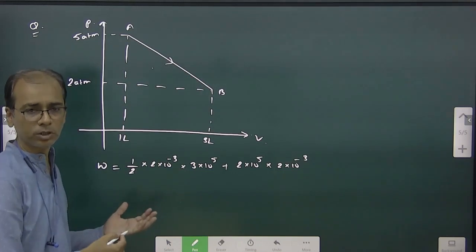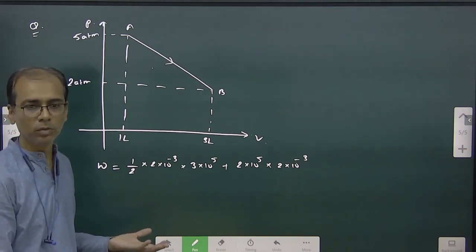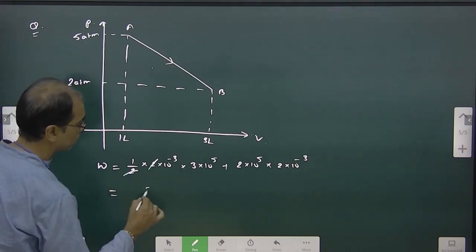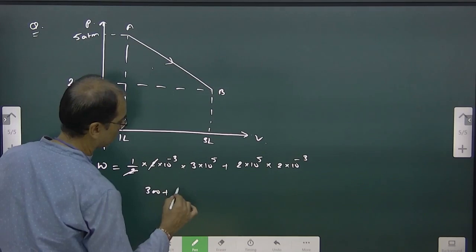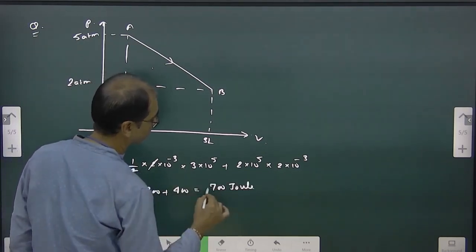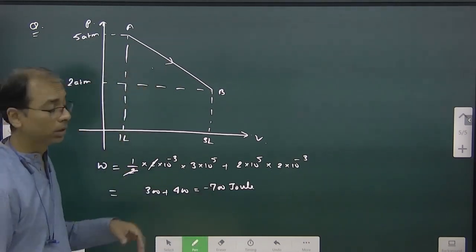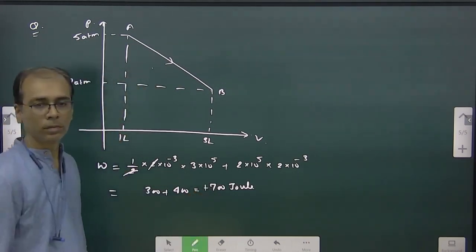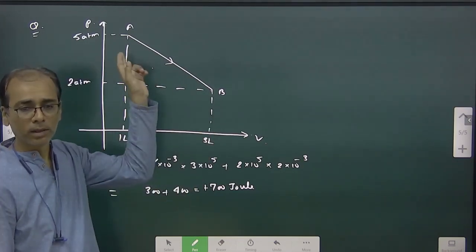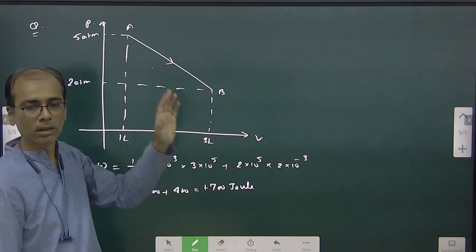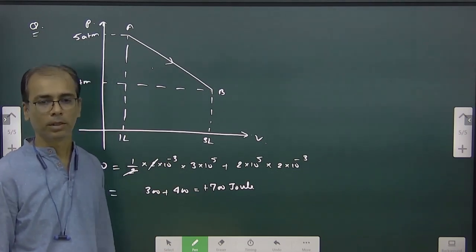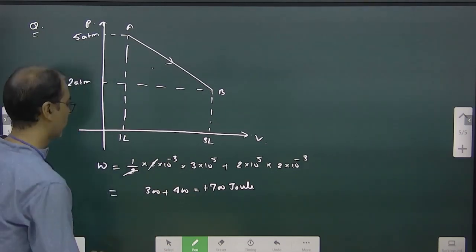Or you can take average pressure and change in volume, the same thing. So what's coming here? This is coming 300 and this is coming 400. That is 700 joule. Sorry, this work done is positive because volume is increasing. Remember, if it is the opposite way, like this, and the volume is decreasing, then this will become minus 700. Remember that.